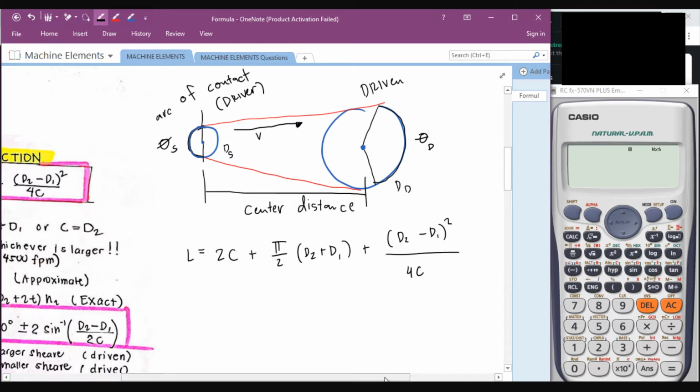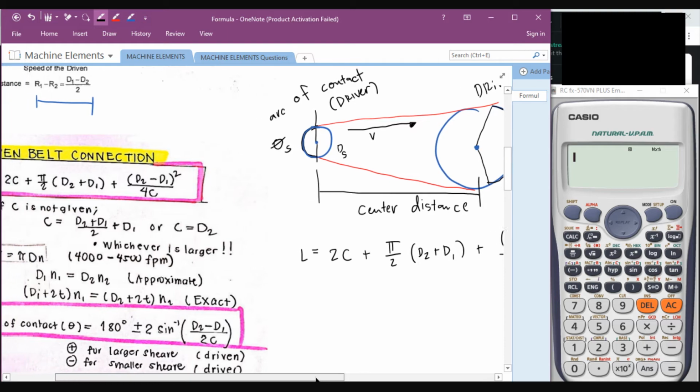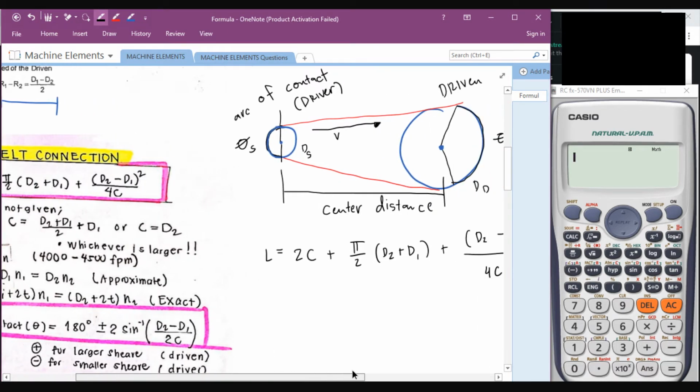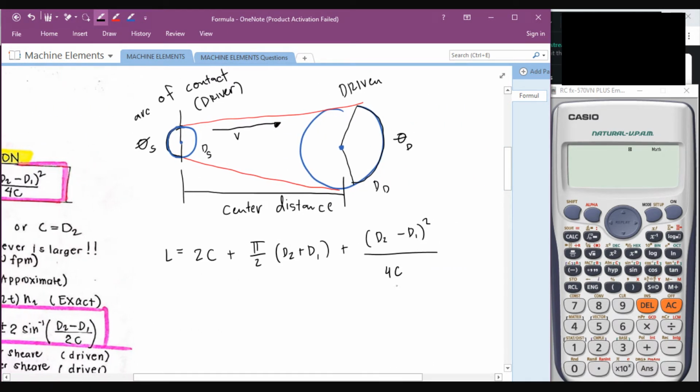Very basic yan. Sir, paano madaling matandaan yan? Ganito po. Kapag open belt, tandaan nyo, ito is negative lang. Open nga eh.